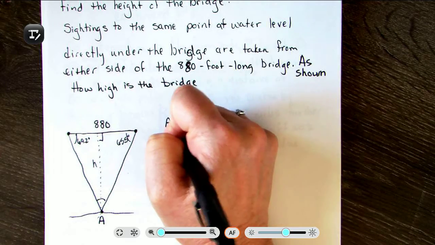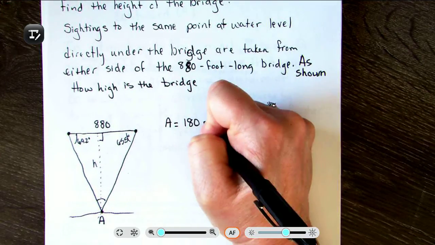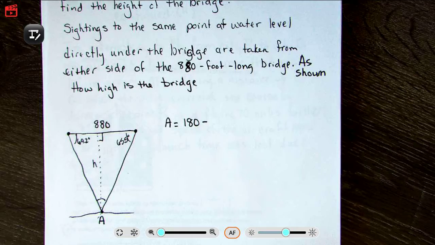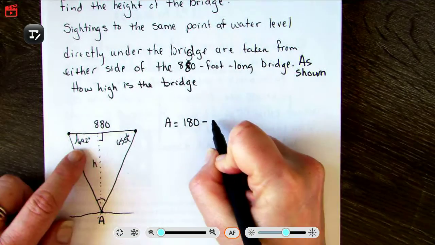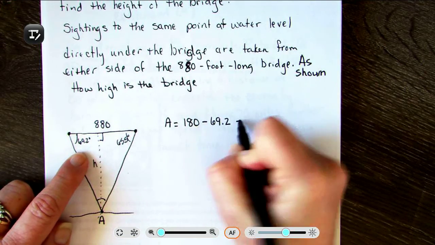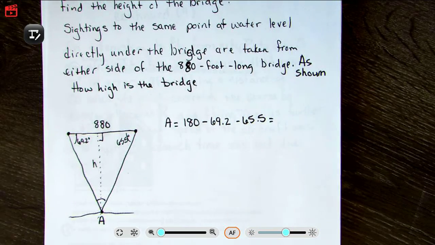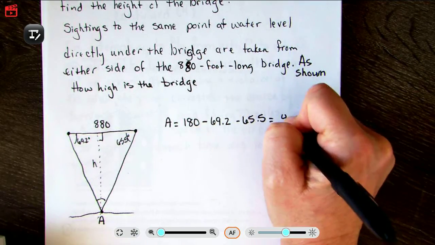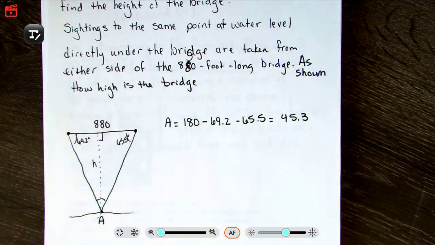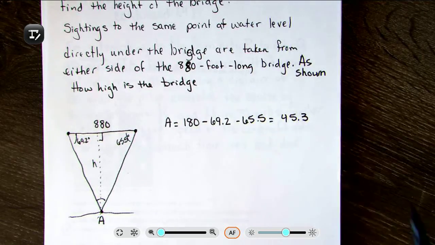So A is that 180 degrees that we have in a complete triangle, subtracting off the 69.2 and the 65.5. So 180 minus the 69.2 minus the 65.5, and I come up with 45.3 degrees.